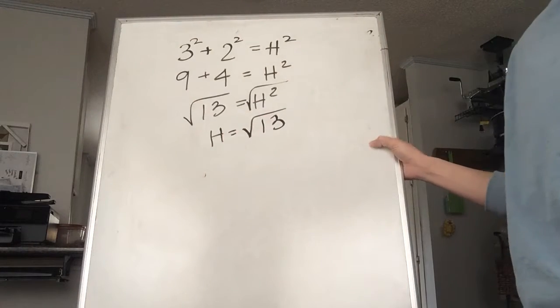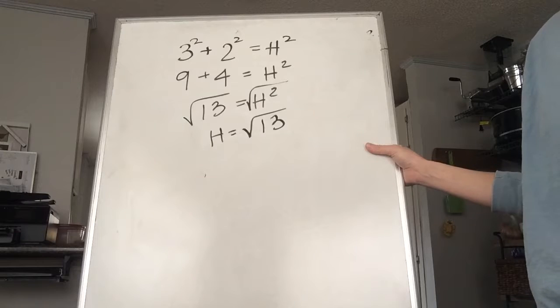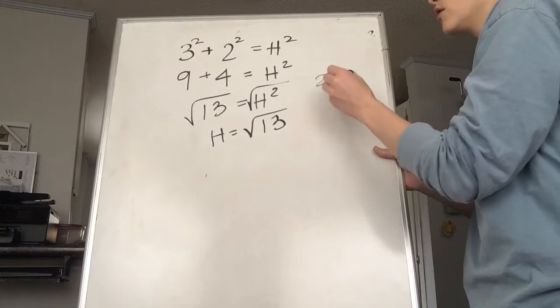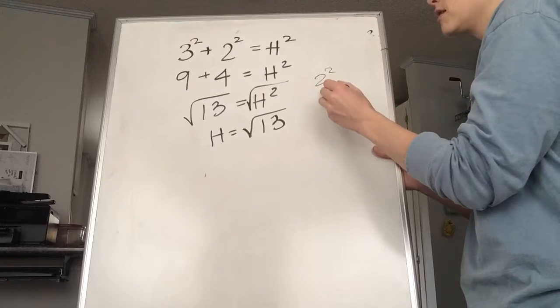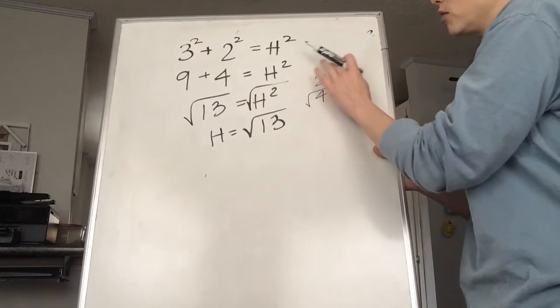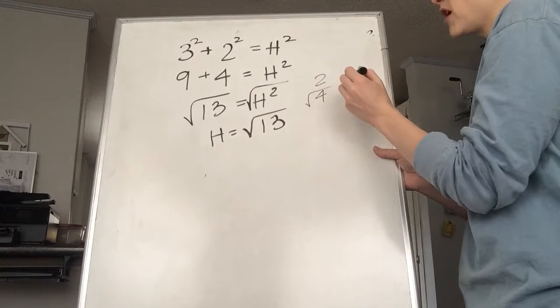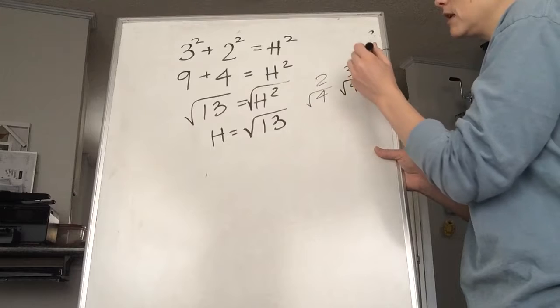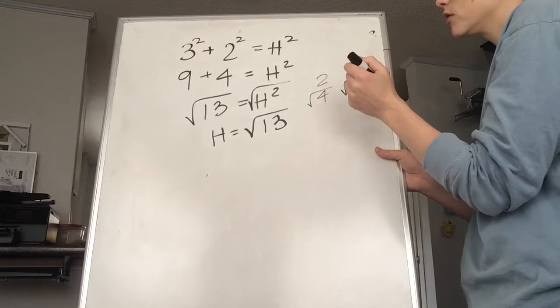So this is where we practice estimating. Think about our perfect squares. The square root of 4 is 2. The square root of 9 is 3. The square root of 16 is 4.